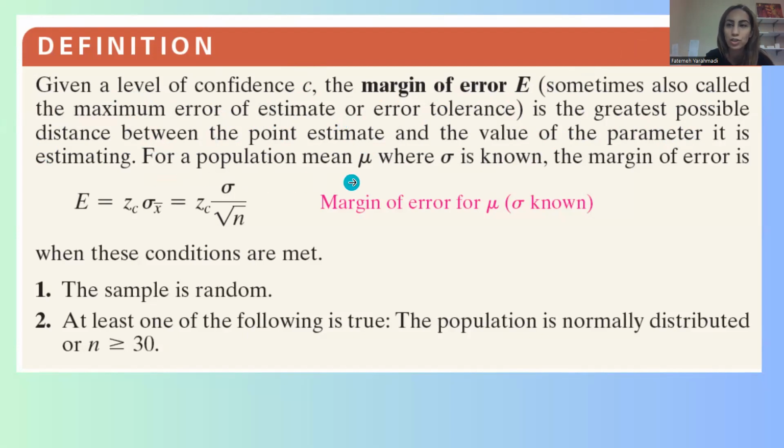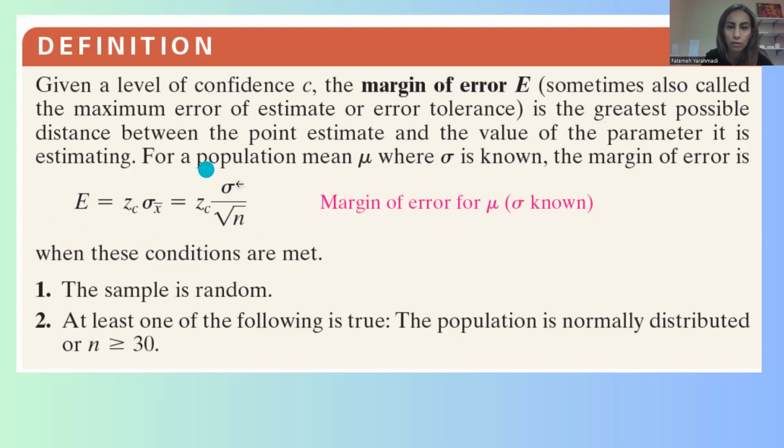For a population mean like mu, where sigma, which is the standard deviation of population, everybody, is known, the margin of error can be easily calculated.